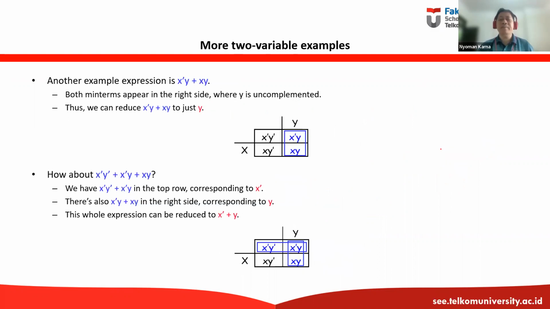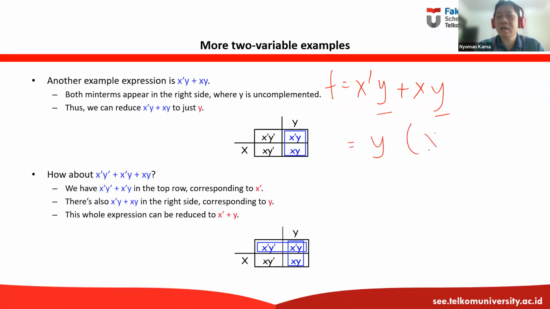Another example. Let's try, I have a function which is x naught y plus xy. The same thing, we can identify that, oh, we have the same variable y. So we can take out y and then it will become x naught plus x. Remember, x naught plus x is 1.